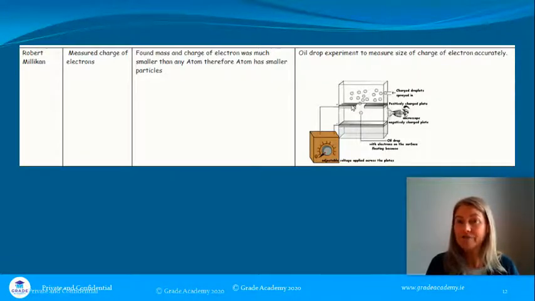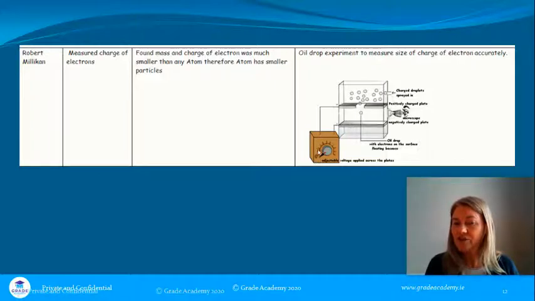This part of the screen is positively charged and this part is negative. So if the drop is filled with negative charge, it would be drawn up by the positive bar, the anode, and it would be repelled away from the negative cathode.